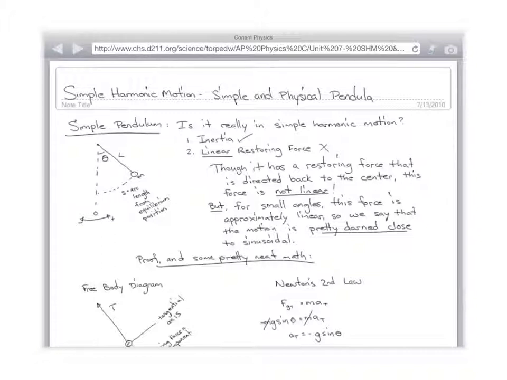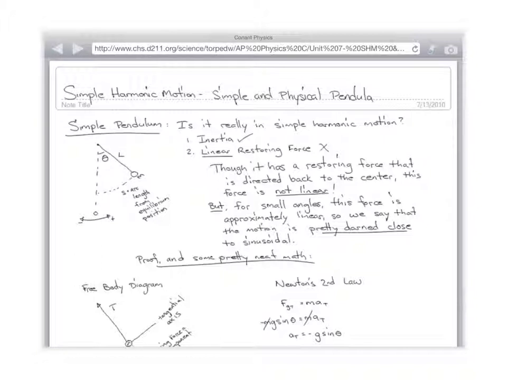Okay, let's take it to the extreme case. If I pull it to 90 degrees, is sine of 180 twice as much? No, clearly not. So this is not a linear restoring force, and therefore it is not in simple harmonic motion. Did you know that?